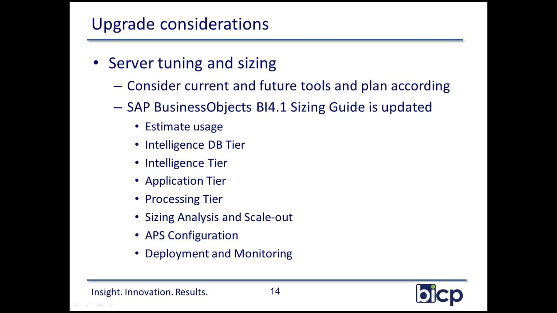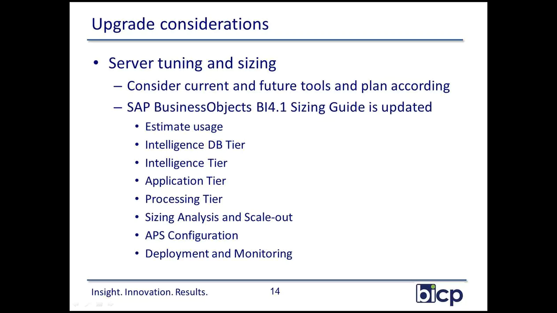And even more finitely, within the tools that are being used, you may have one tool that has more usage than another. In some environments, dashboards are simply handled by users that are viewing those and are fairly lightweight. And there's a higher need for CPU and RAM for, let's say, analysis or web intelligence or some other tool.